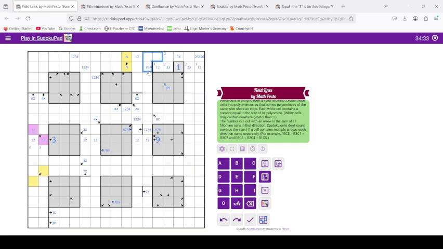Truly. I do feel like this part of the grid is where we have to do it, because everything else is so much less restricting.